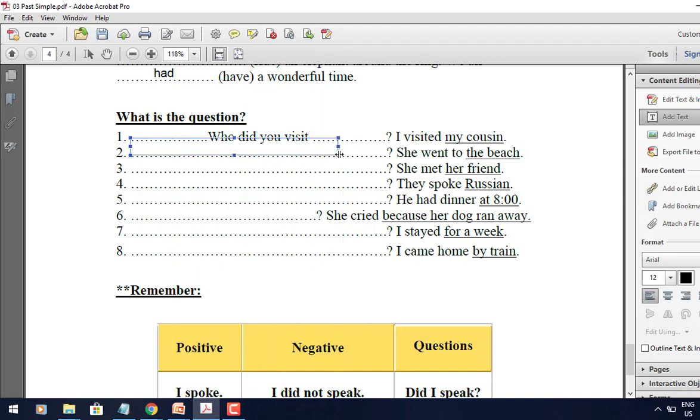Which WH question is used to ask about the place? Where. Then we follow the WH question using did, then the subject she, then the verb in the simple form go. Where did she go? She went to the beach.